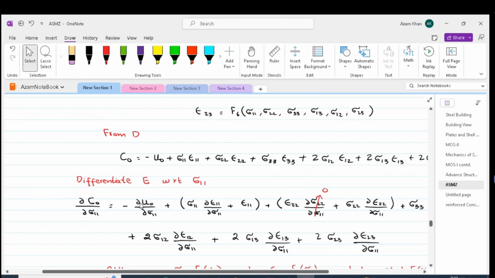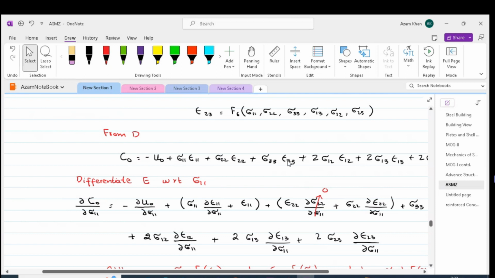So therefore, the second term becomes partial U naught by partial sigma 11. The third term, which is sigma 11 and strain 11 or epsilon 11, is in U times V form. Both of these variables are dependent on sigma 11.